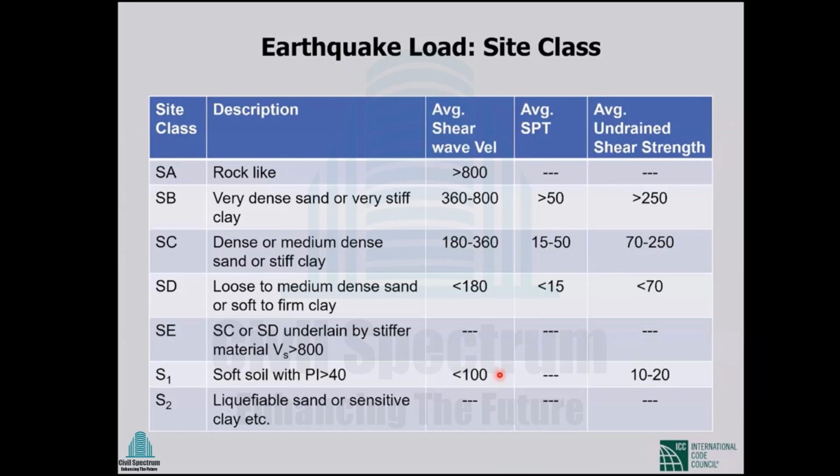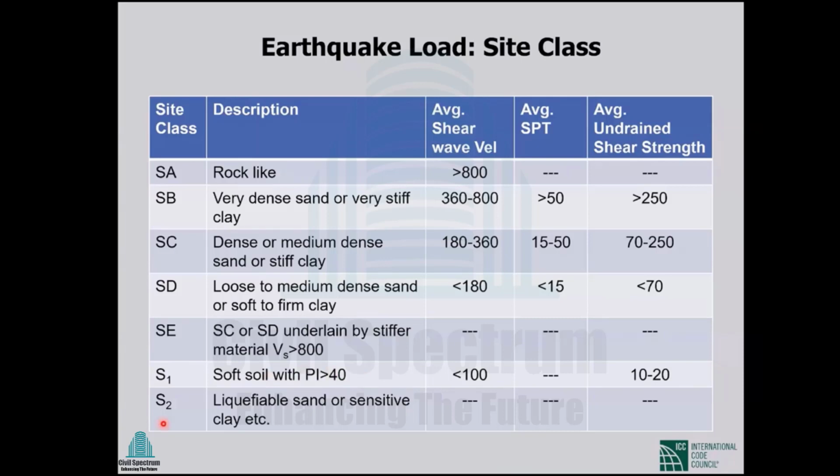SA is rock, SB is very dense sand or very stiff clay, SC is medium, SD is loose, and SE is SC or SD underlain by stiffer material, that is, if the difference in soil strength is abrupt. S1 is for plastic soil, if the plasticity index is very high.